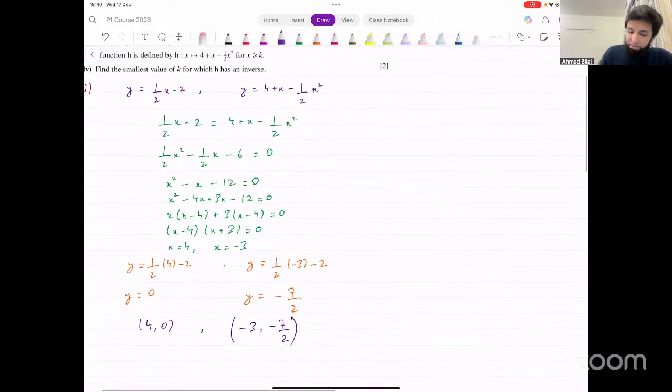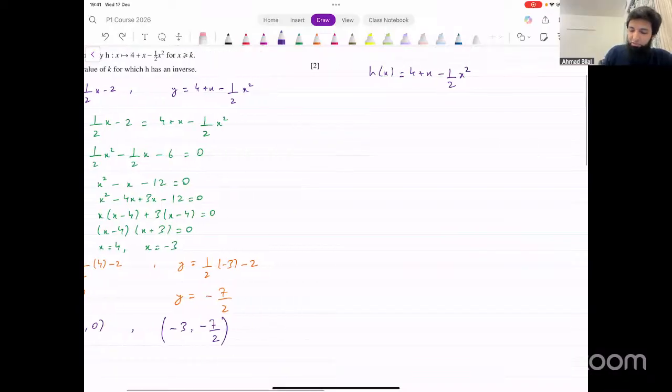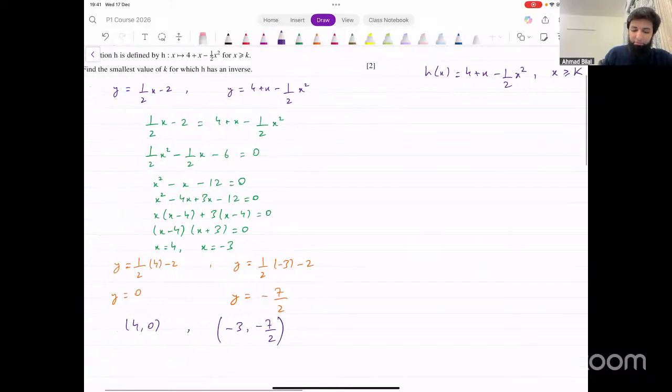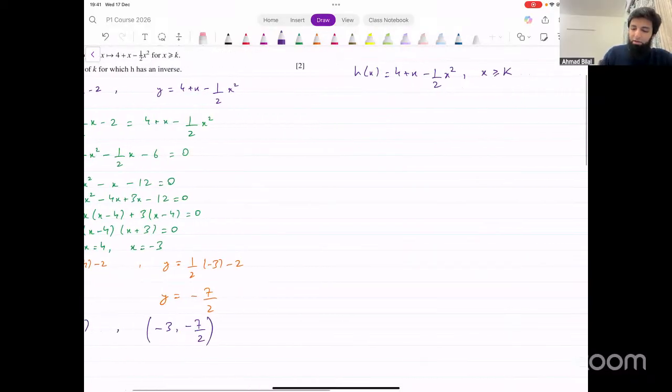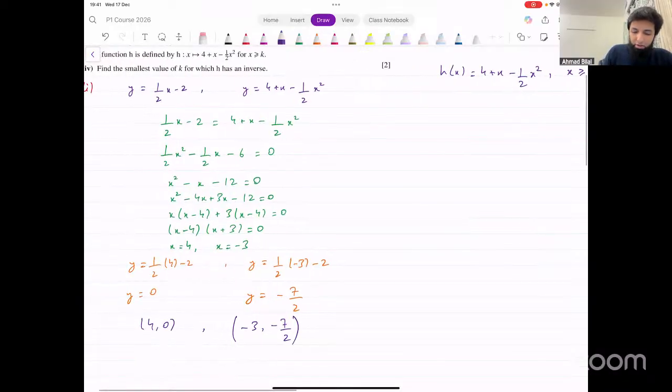The function is h(x), that is given by 4 plus x minus half x squared. And they are saying the domain of this function is x greater than or equal to k. Smallest value of k for which it has an inverse.